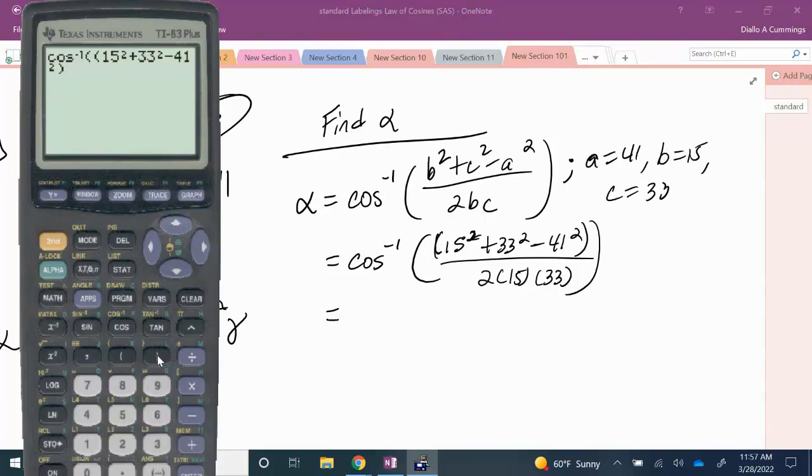And then I want to close off my numerator. Next I'm going to hit divided by, and open up a set of parentheses for the denominator.